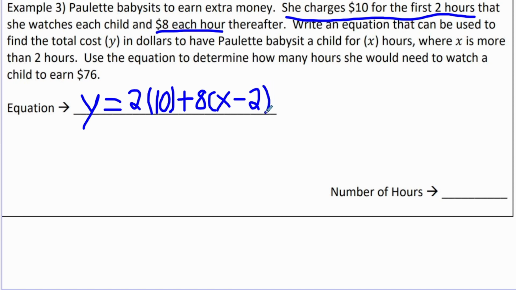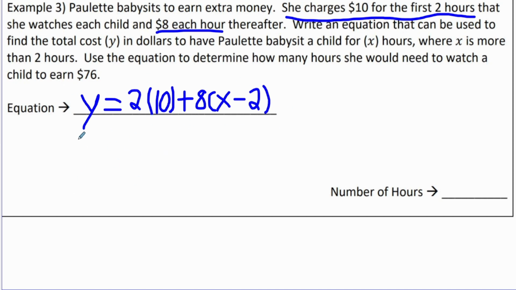Okay. So if we have 3 hours, for example, we would put in 3 for x. It'd be 3 minus 2 times 8, because only that third hour is being charged at $8 an hour. Right here are our first 2 hours being charged at $10 an hour.